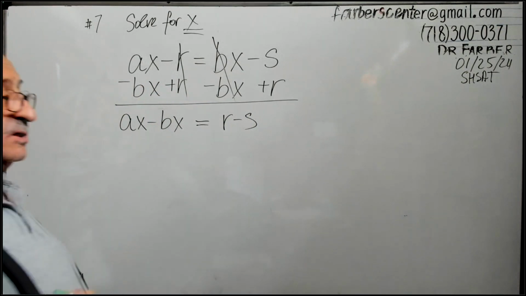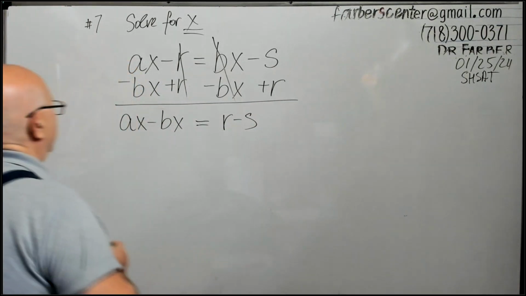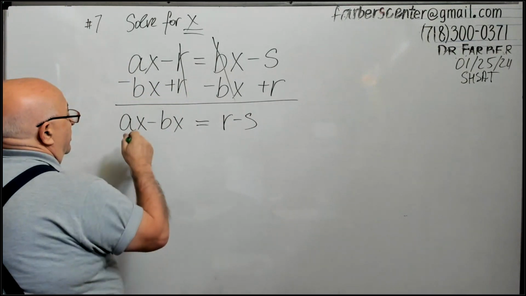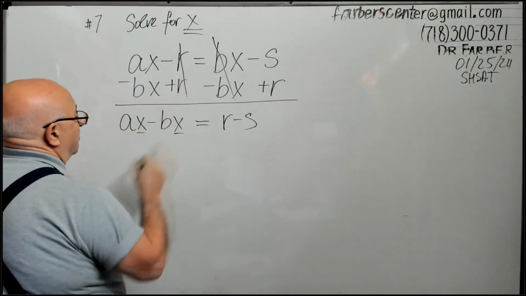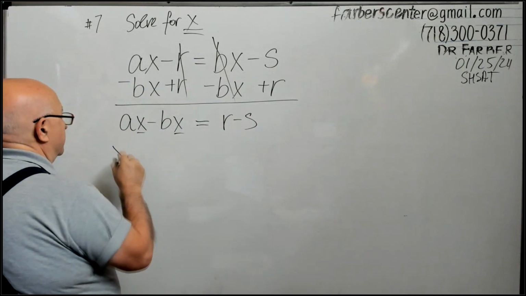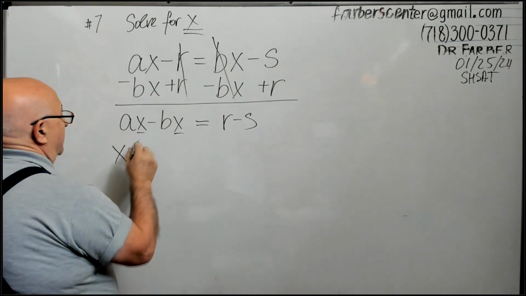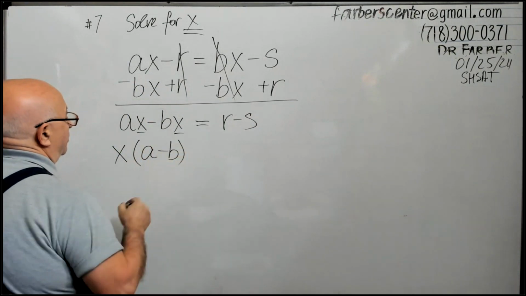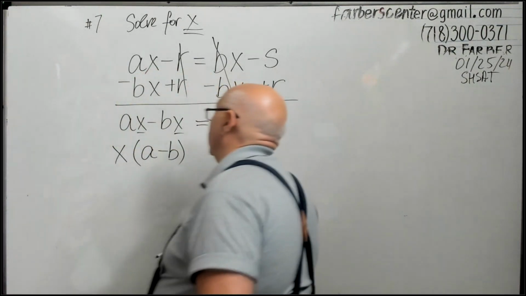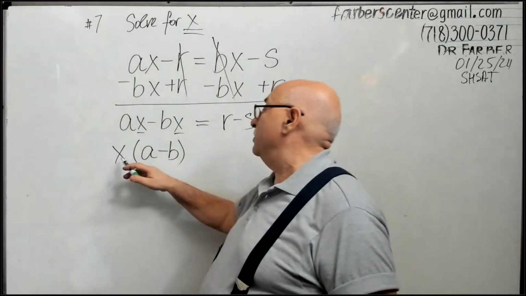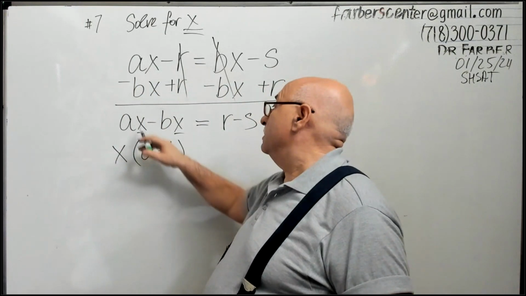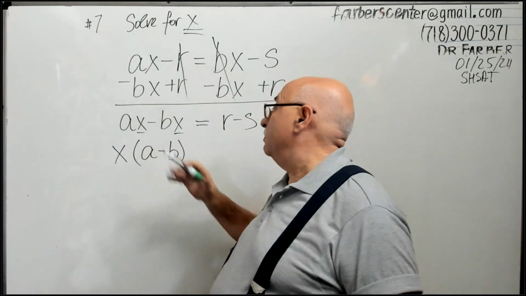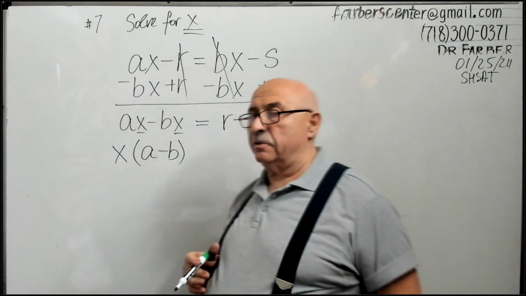A person who thinks conceptually is on a different level than anybody in the world. So you see X and X here? I can put this X outside of parentheses. We name it factorization. And what is left, A minus B. How to check it? The opposite of factorization is the distributive property. Look at this: AX minus BX, I factorize it, put the commonalities in front of parentheses.